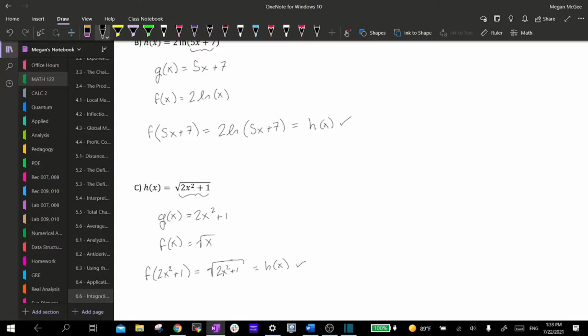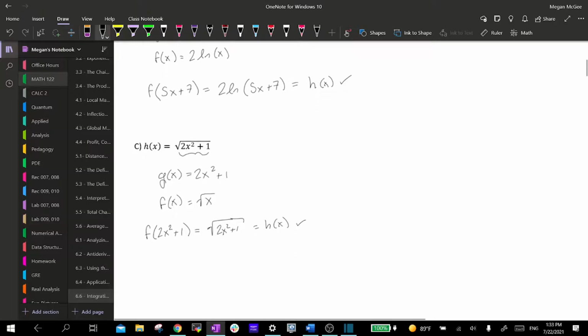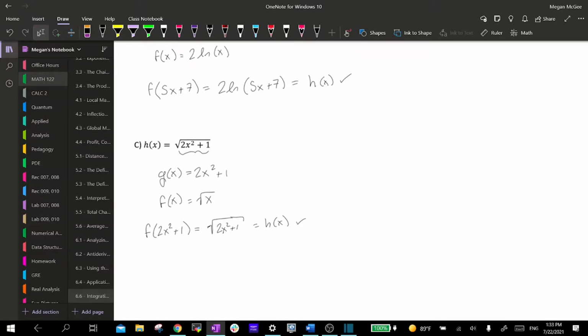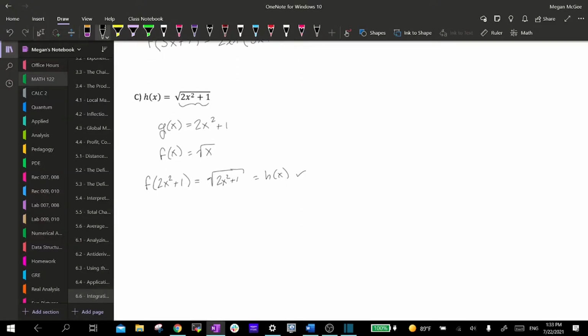So we already learned how important inside and outside functions are when we've talked about things like the chain rule. Now that we have moved into antiderivatives and integrals, we need a way to handle something like inside and outside functions. This is where u substitution comes into play.